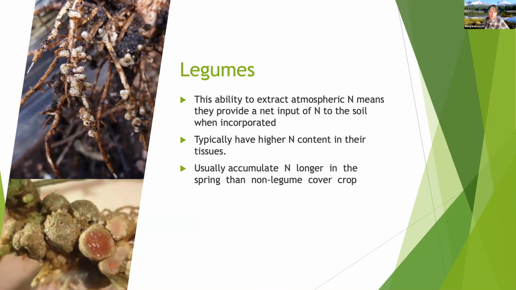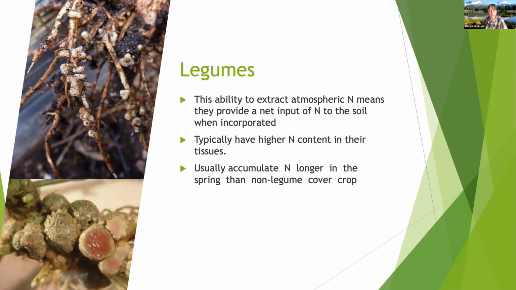Legumes have this ability to take up atmospheric N, which means that they're providing a net input of N to the soil when they're incorporated. One feature of a legume cover crop is that they typically have higher N content in their tissue. And they will usually accumulate N longer in the spring than non-legume cover crops.